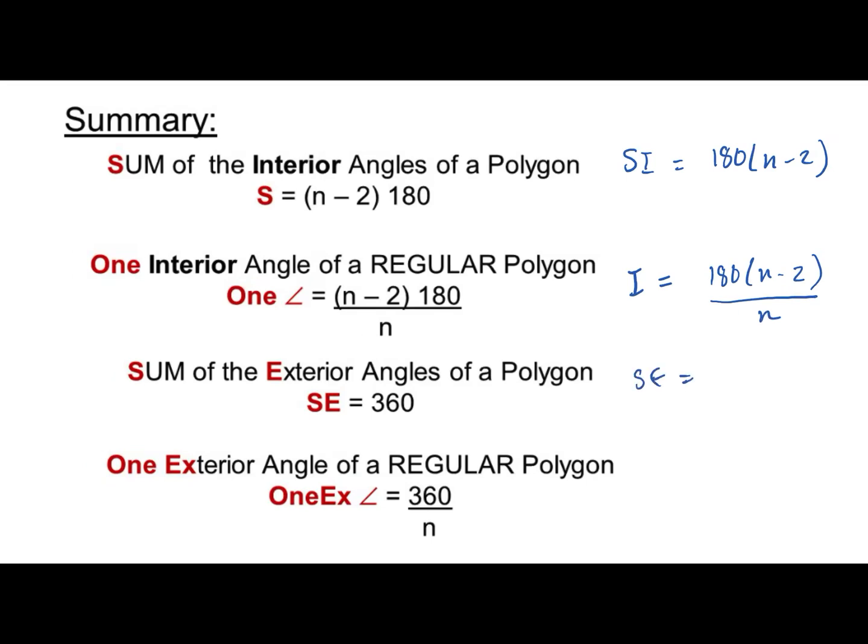Okay, and sum of exterior is always 360, no matter how many sides. And one exterior angle is equal to 360 over the number of sides, over n. Okay, so make sure you've got those formulas written down, you understand where they come from, and then we're going to look at using these formulas in part 2.